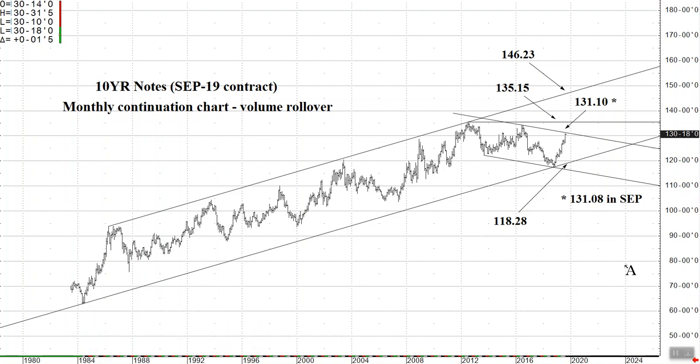I'm not about to say we're going to test 118.28 anytime soon, but just so you know, this 131.10 structure is so significant that we could rotate south once again over the next full year of activity or less back into the 118.28 area. That's how meaningful this 131.10 channel structure is, once again dropping to 131.08 in the entire month of September. And that's all really that I have to say for this particular 10-year Treasury note.